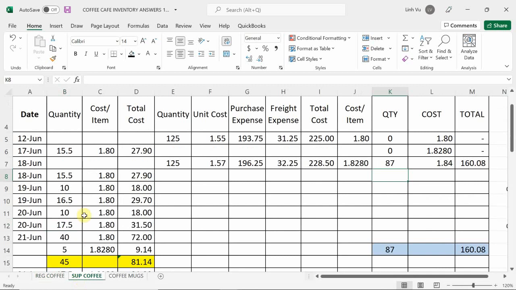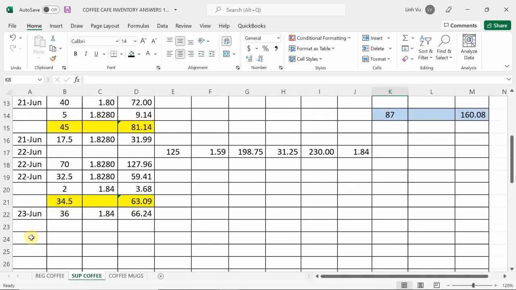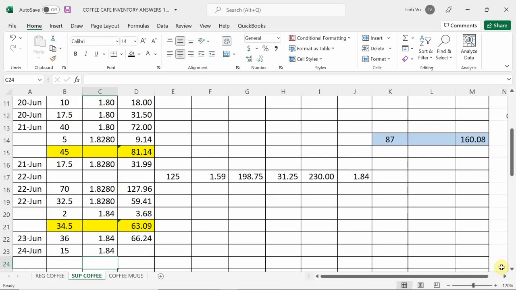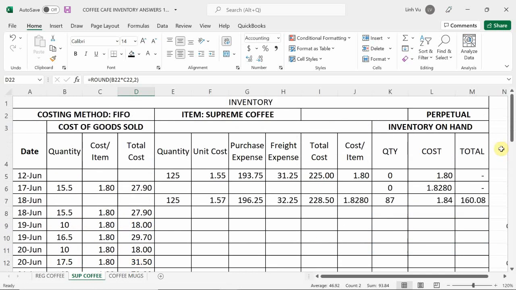So now we're going to go to our Supreme Coffee. We sold 15 pounds to Katie at $1.84. So how much is the total cost of goods sold if I sold 15 pounds? $27.60. So let's update that inventory.